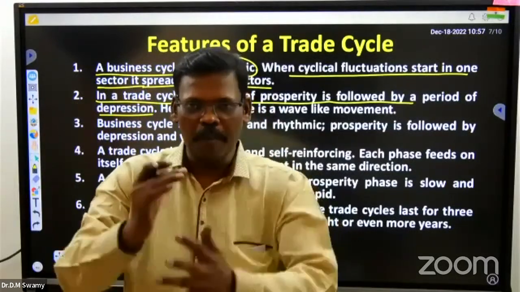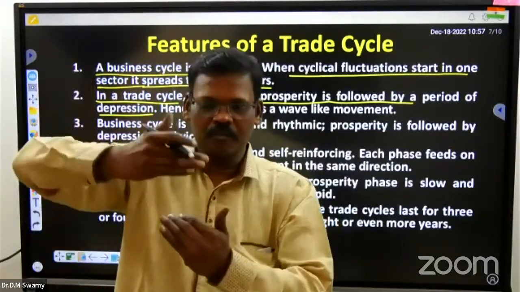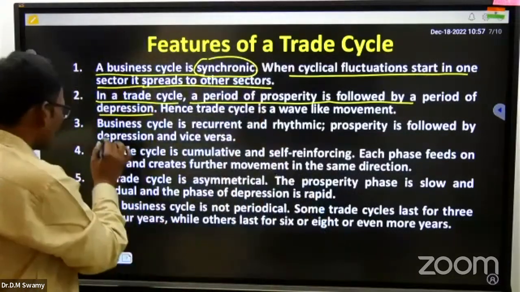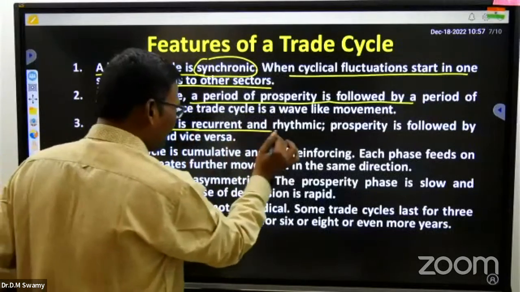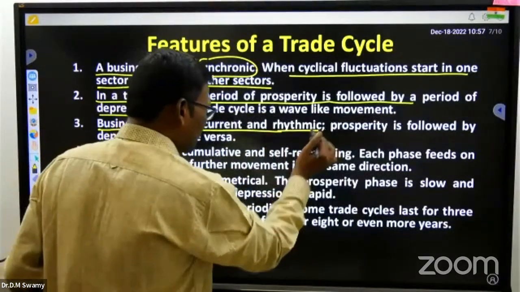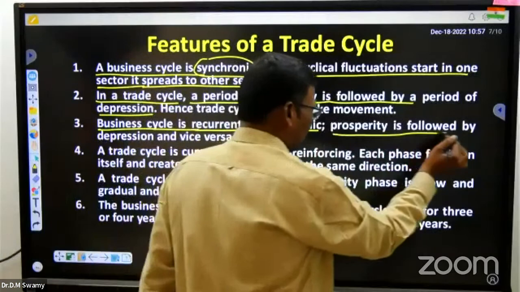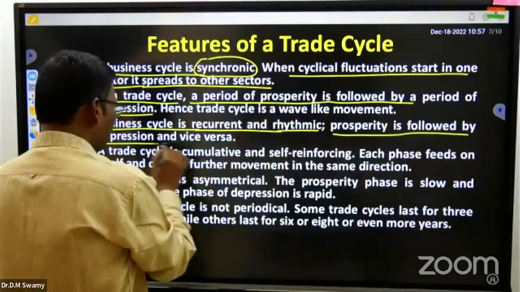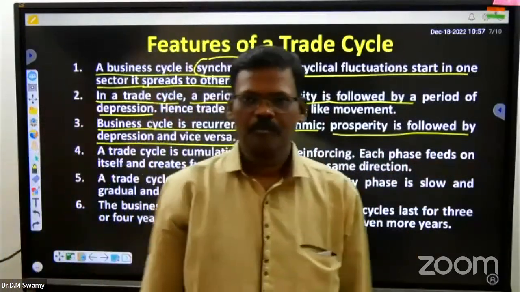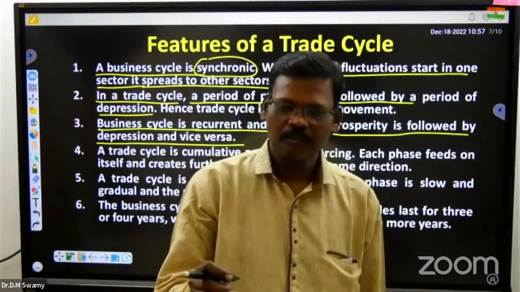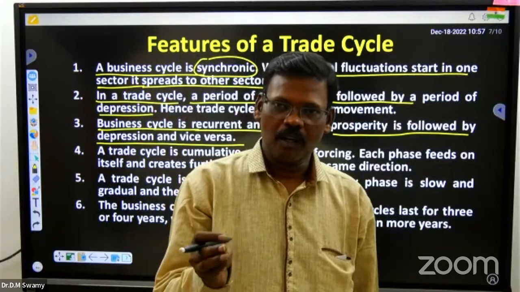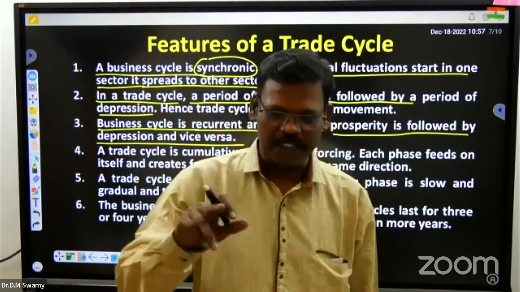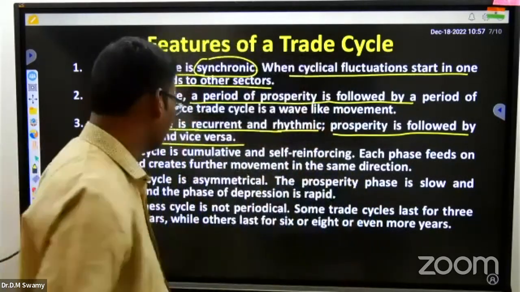It is like an up and down movement. A business cycle is recurrent and rhythmic. Prosperity is followed by depression and vice versa; recession is followed by recovery, depression and prosperity. In this way it occurs in a cyclical manner.